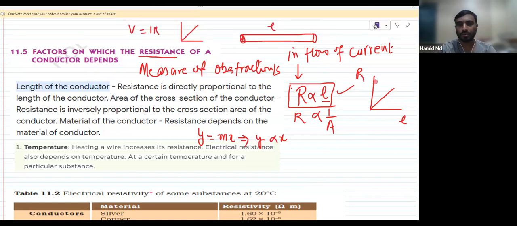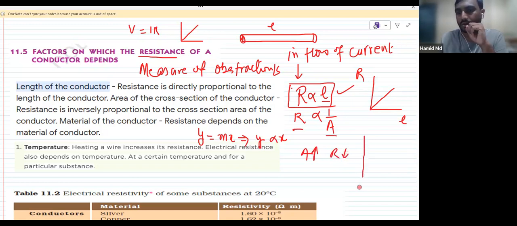From top to bottom. Yes, Jaslyn, you are right. The straight line decreasing from top to bottom, right? This means that if you are increasing A, the R will be decreasing, right?